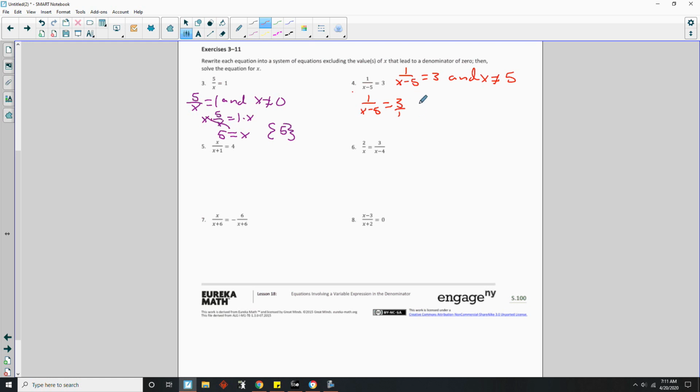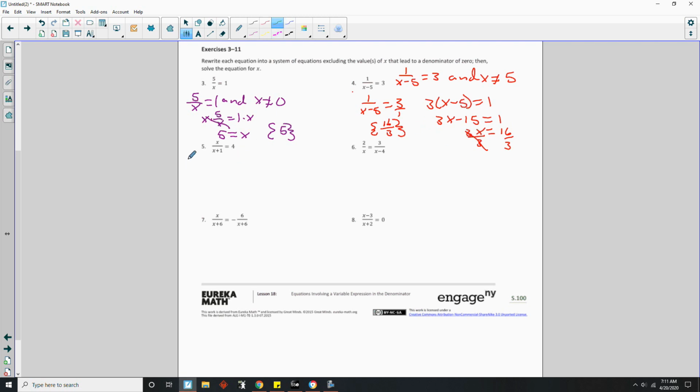Cross multiply, so I'd get 3 times x minus 5 equals 1 times 1, which is 1. So 3x minus 15, distributing that 3, equals 1. Add 15 to both sides. 3x equals 1 plus 15, or 16. Divide by 3, and x equals 16 thirds. So my solution to this is 16 over 3.